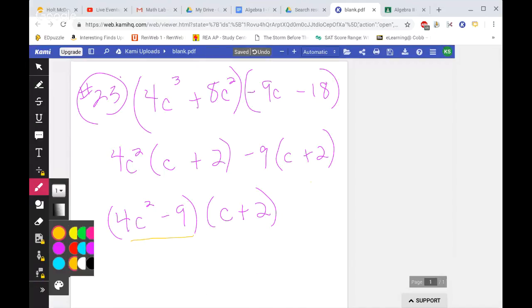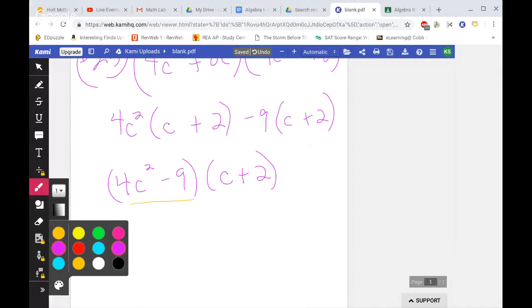Now, do you recognize this first term to be anything special? Perfect squares. Yes, the difference of perfect squares. Good job. All right, so what's the square root of 4c squared? 2c.